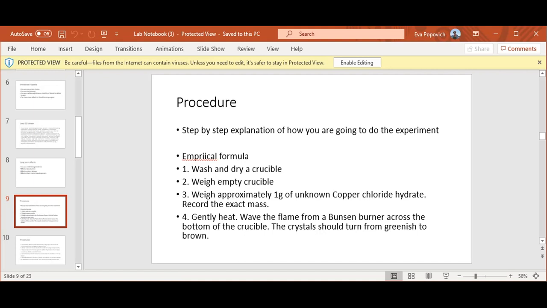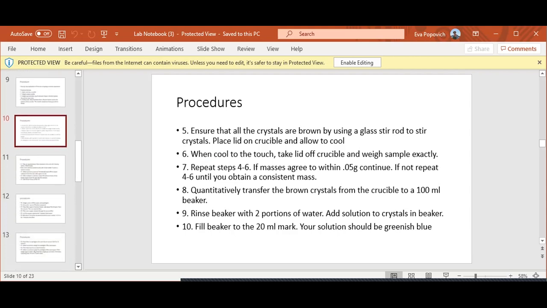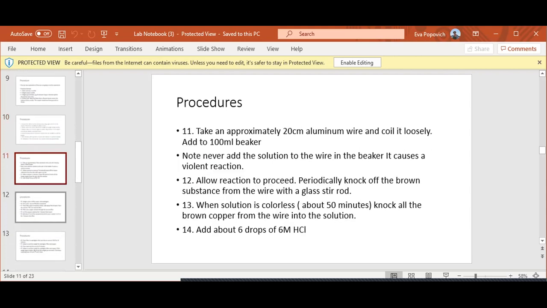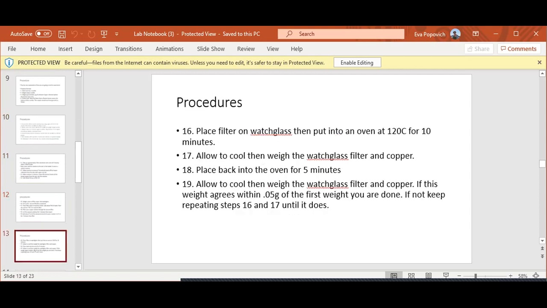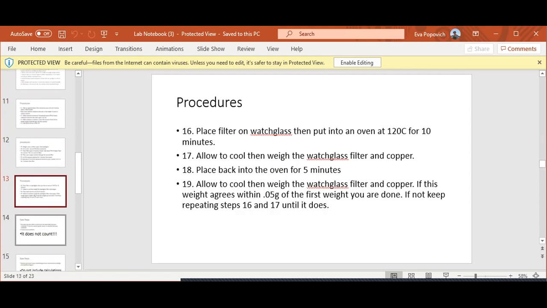But I think it's just easier to do it in this fashion. And this particular experiment has lots and lots of procedures to it. Questions about procedures and what I want you to do for the procedures.